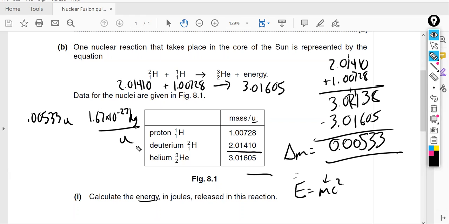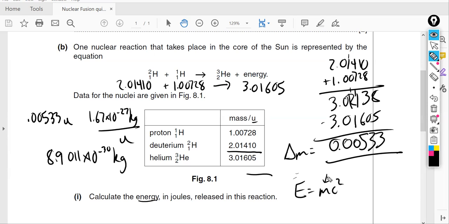So we multiply these two together. 0.00533 times 1.67 by 10 to the negative 27 gives us 8.9 by 10 to the negative 30 kilograms.